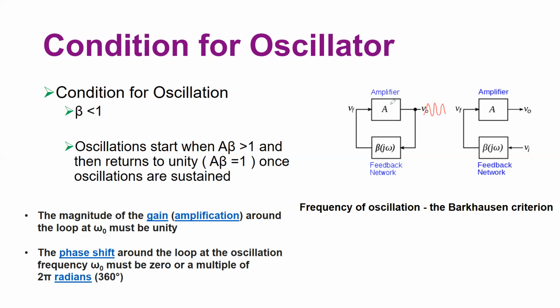So we have this amplifier block and this feedback network, and we remove the external input from the system. Rather, we just connect the feedback's output directly to the amplifier's input. So this is the system block diagram for an oscillator, where we don't have an external input. Rather, when you switch on the DC power supply, you basically have noise in the circuit.